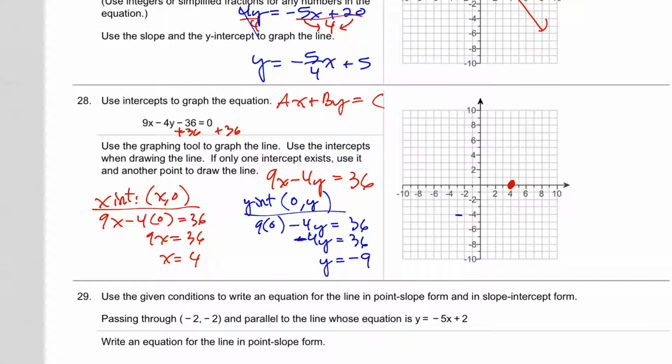Okay, which is right there. And then graph these two, and we're done. Okay, so this is another way to graph without using slope, because all we need is 2 points. If we can find both intercepts, that's 2 points. We connect the dots, and we're done.